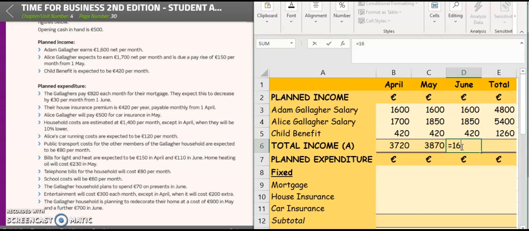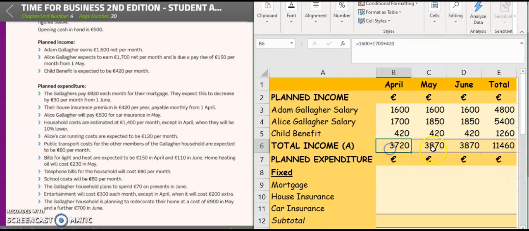Then 1,600 plus 1,850 plus 420, so that's going to give us 3,870 for June. And then we're going to add the total: 4,800 plus 5,400 plus 1,260. That's going to give us 11,460.